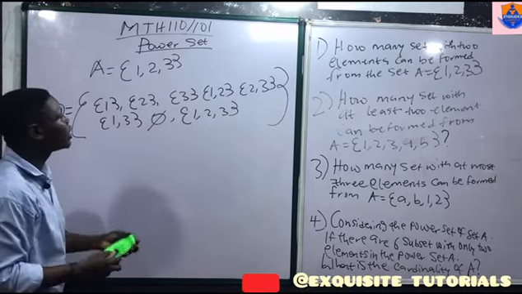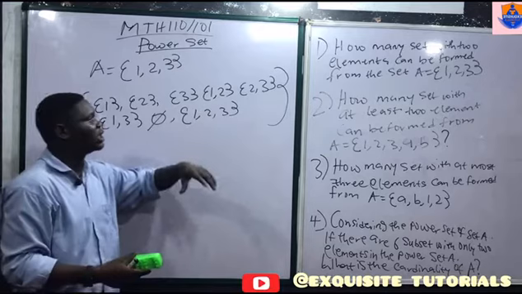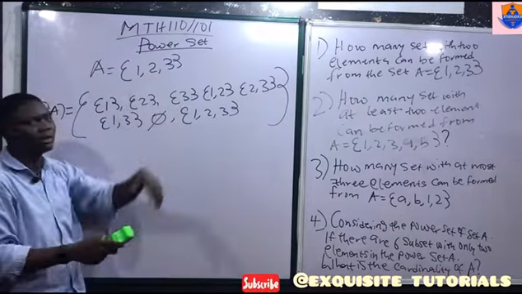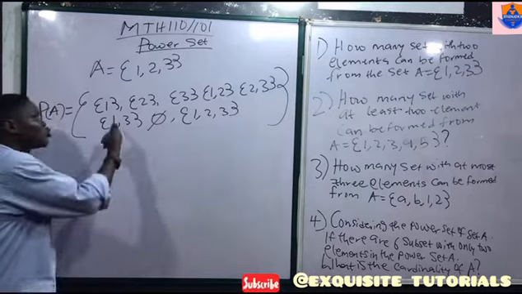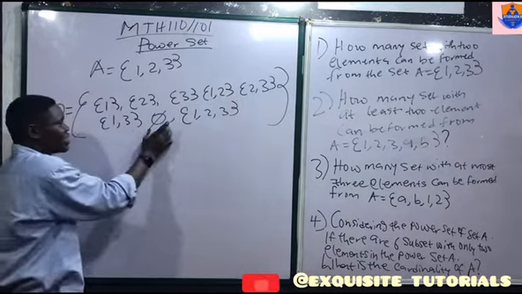Now, there's a formula we use to get the number of elements in the power set of A. This formula is a function of the number of elements in A. If you count, we have 1, 2, 3, 4, 5, 6, 7, 8.